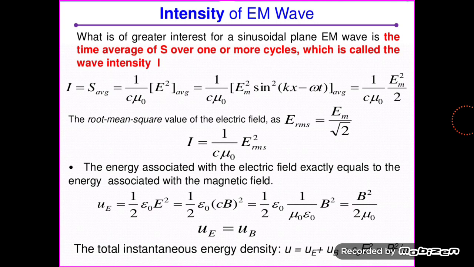By putting in the value of E, we have 1 upon c mu naught Em square sin square(kx minus omega t). This is the E rms. By putting in the value of E rms, we have 1 upon c mu naught Em square by 2, or I is equal to 1 upon c mu naught of E rms square.